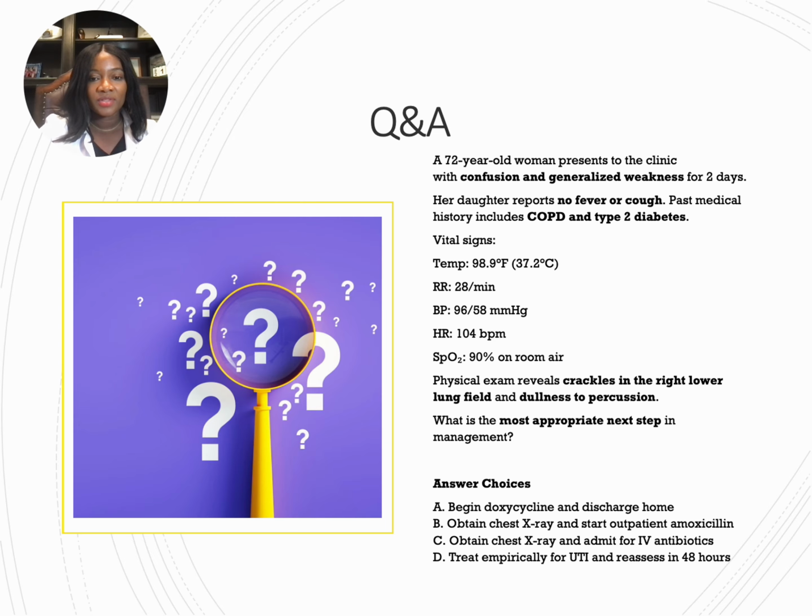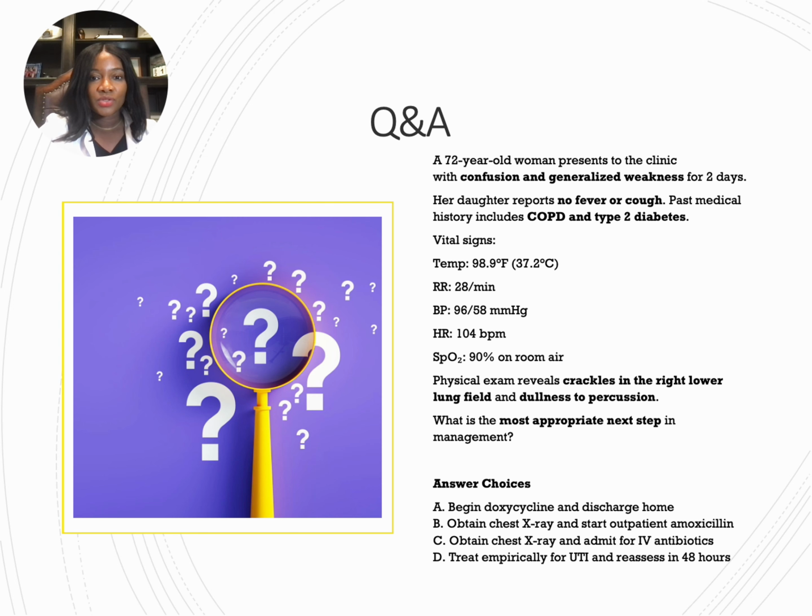We have the vital signs: low blood pressure, high heart rate, respiratory rate is high as well, and SpO2 90% on room air. Physical exam reveals crackles in the right lower lung field and dullness to percussion. What is the most appropriate next step in management? We have the answer choices A, B, C, or D.